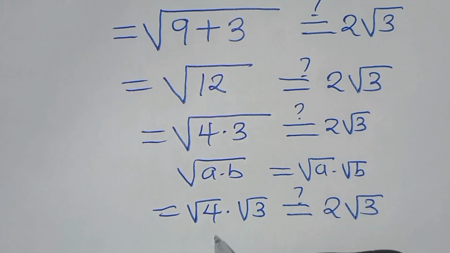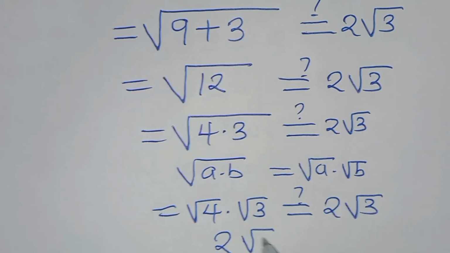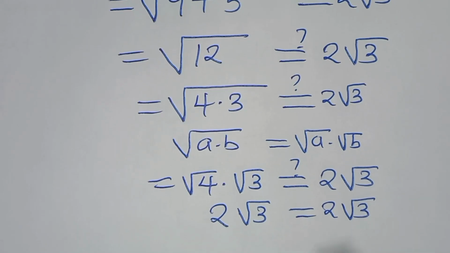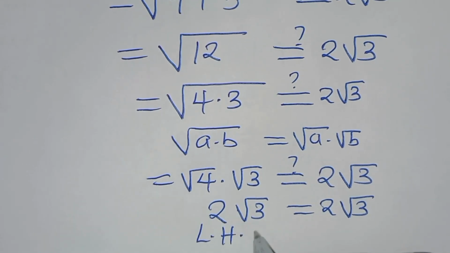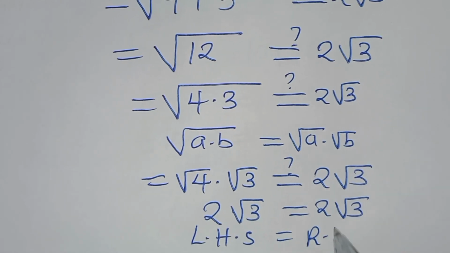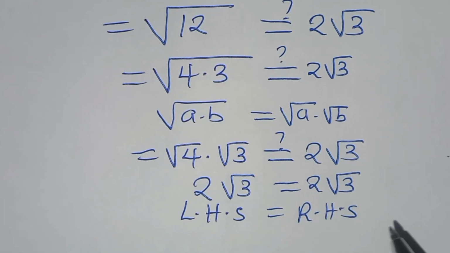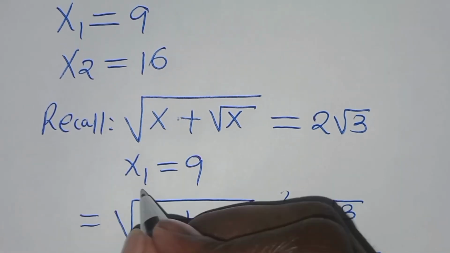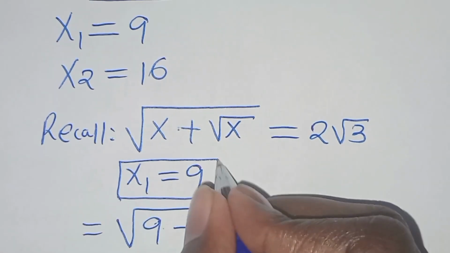Square root of 4 is 2, multiplying by square root of 3 from here. This is equal to 2 square root of 3. So this implies that the left-hand side is equal to the right-hand side. And this verifies that x1, which is equal to 9, satisfies the equation.